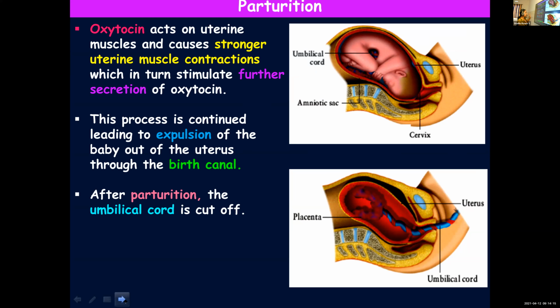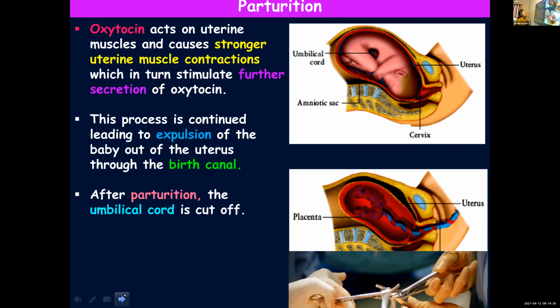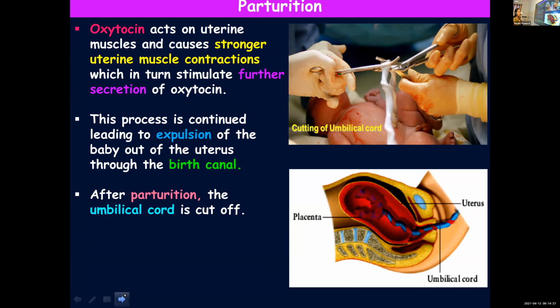Anyway, the umbilical cord will be attached to the baby even while delivery is taking place. Once that is completed, the umbilical cord will be cut off, as you can see in the picture. One portion will be cut and a small portion will remain attached to the baby, which will later fall off from the body of the baby.